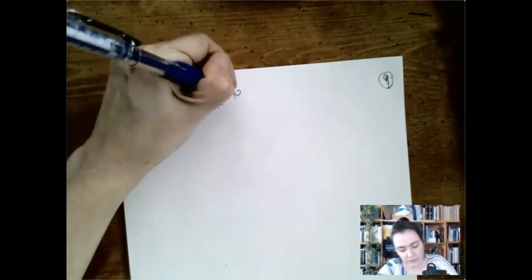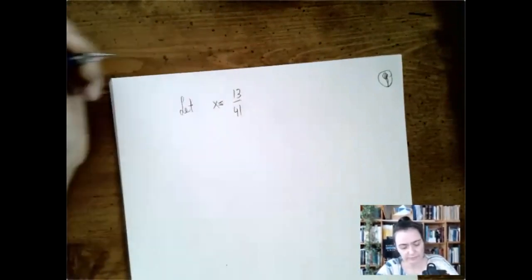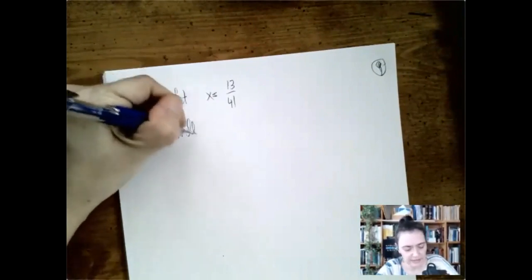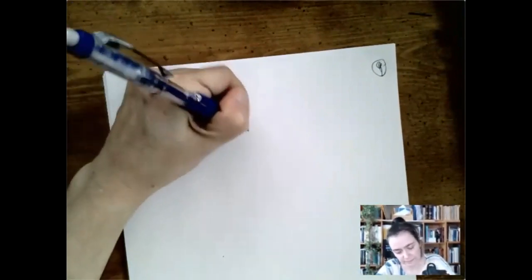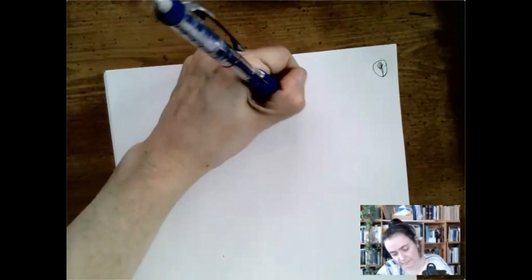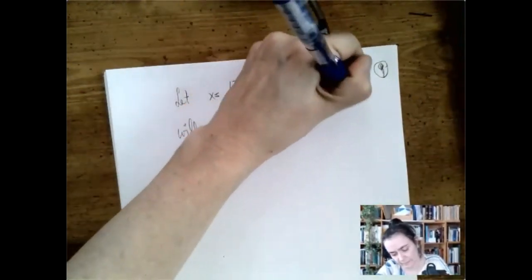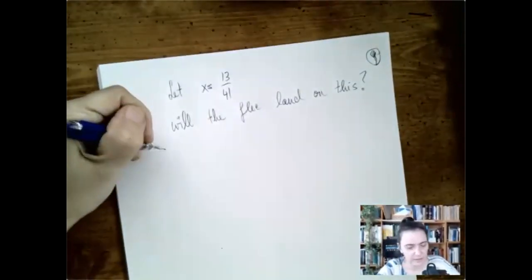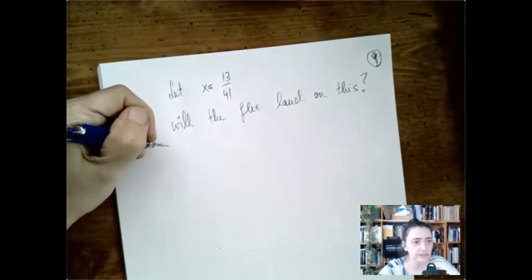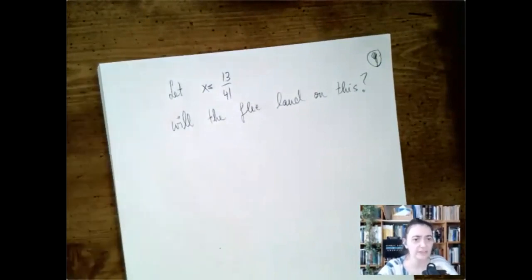So let X be 13/41. Will the flea land on this? The answer is yes. On the 41st round, it's going to jump. But I don't know whether it starts from 0 and goes to 1 or vice versa.